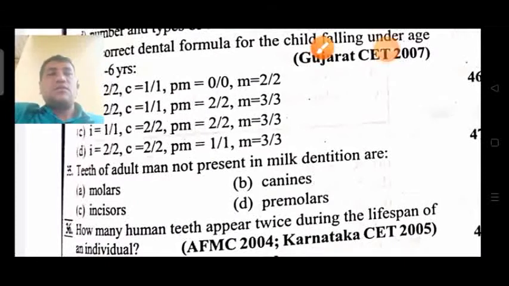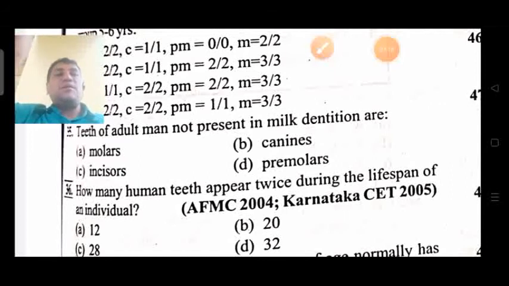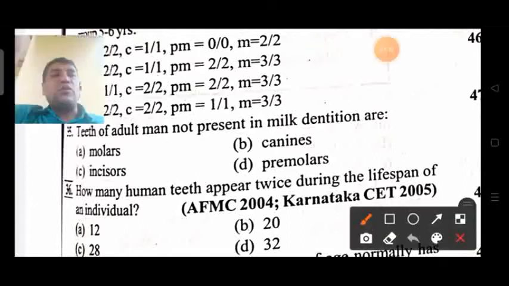Next, 36th question. How many teeth appear twice during the lifespan of an individual? Already we have discussed that 20 teeth are replaced once again within the lifespan. Only these are called diphyodonts, and they come two times in the life cycle of a person.